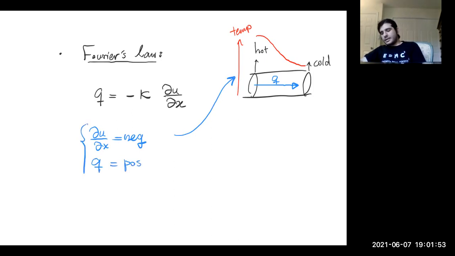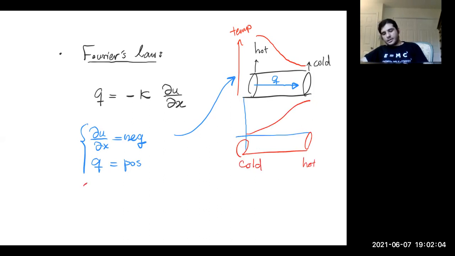On the other hand, if the graph of u was the other way around, if here was hot and here was cold, then partial u partial x would have been positive because the graph is increasing. Then the direction of q would have been the other direction, towards negative, so by our convention q would have been negative.